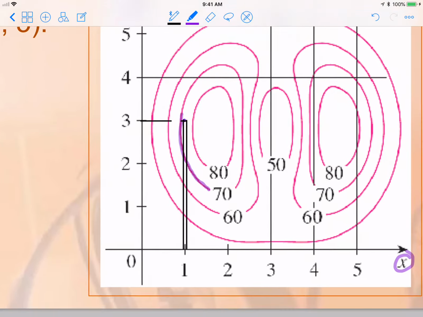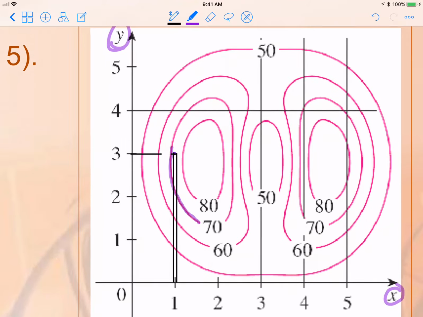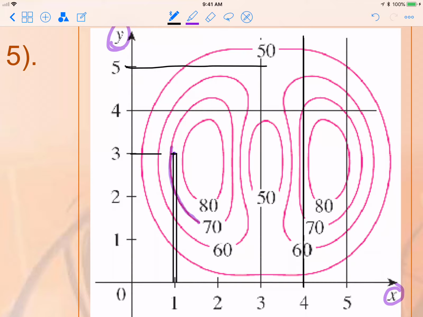And now what about f(4, 5)? This is essentially my ruler. Here I am at 4, and they've got it up here for me, 4, 5. For (4, 5), my intersection is right here. Now, the closest isotherm, how do I figure out what that is?